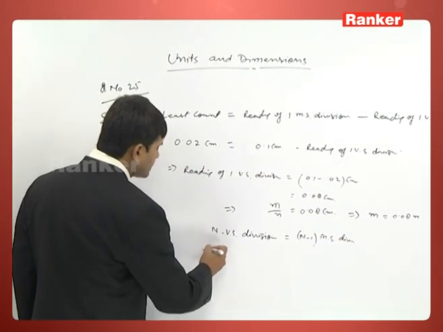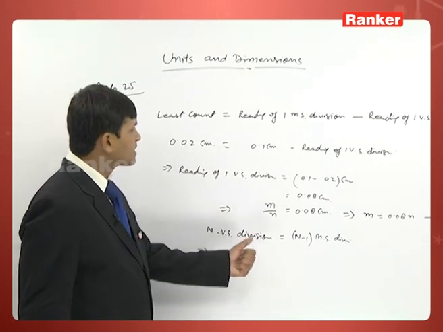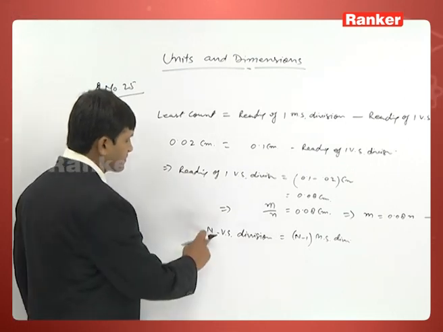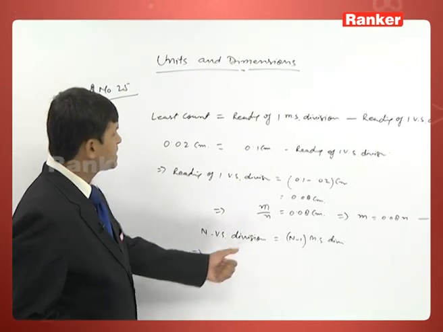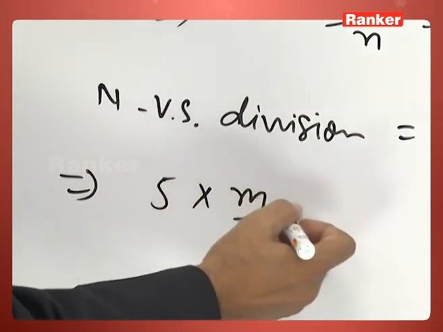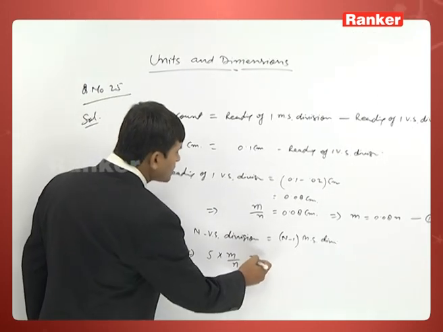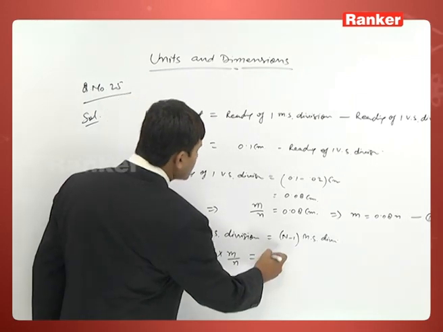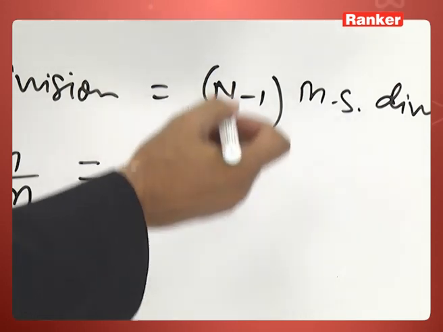So, let's say we are looking at 1 Vernier scale division, and we are looking at the 5 Vernier scale division reading. For the Vernier scale, each division is m by n, which is equal to n minus 1, and 4 main scale reading, 0.1.